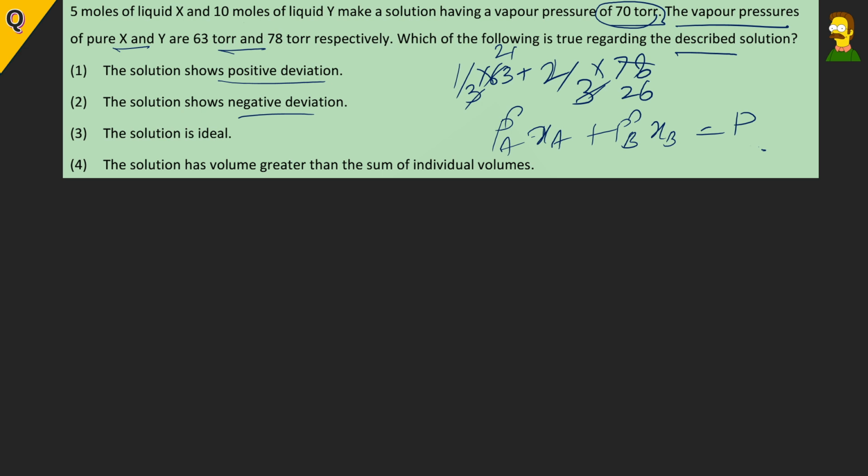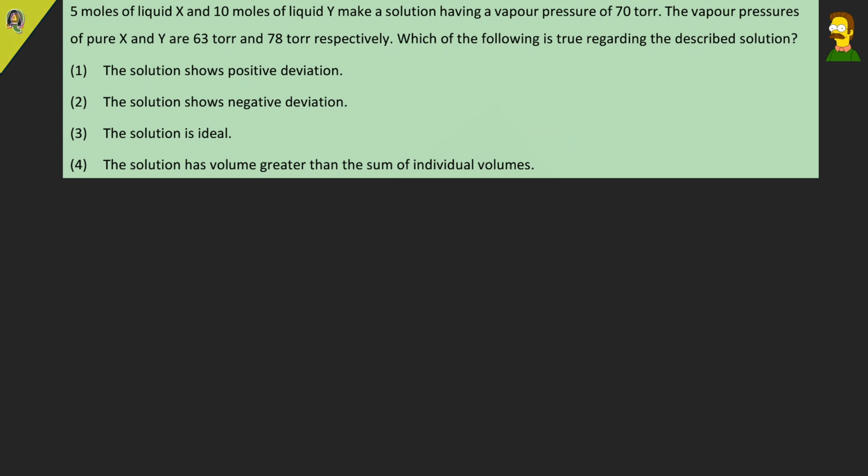So this is 21 plus 26 into 2, which is 52. This is 73. But it's given to you that it should be 70, which means the pressure is lower, right? Hence, there's a negative deviation. That's the answer. It's a great question. I like this question. 2 is the answer.